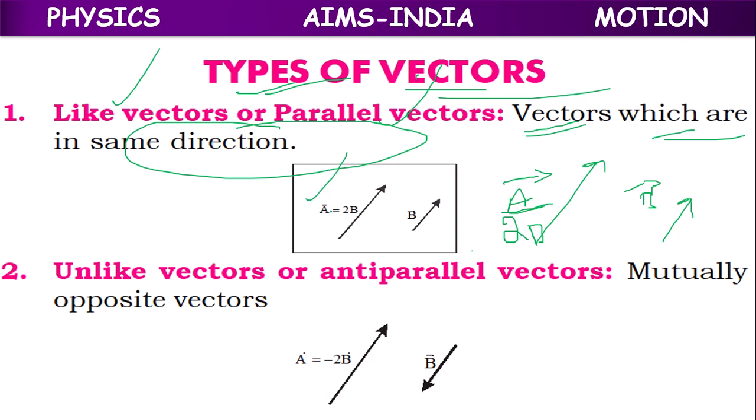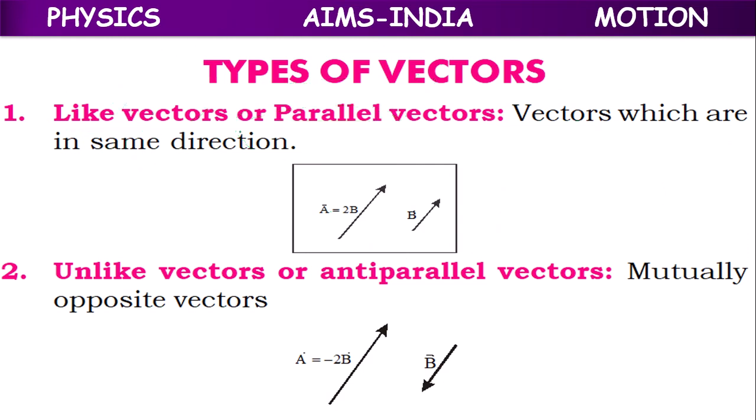One vector may be bigger, one may be smaller. It doesn't matter, because they are in the same direction. That's why we call them like vectors or parallel vectors. They may be equal or not equal, but as they point in the same direction, they are called like vectors or parallel vectors.